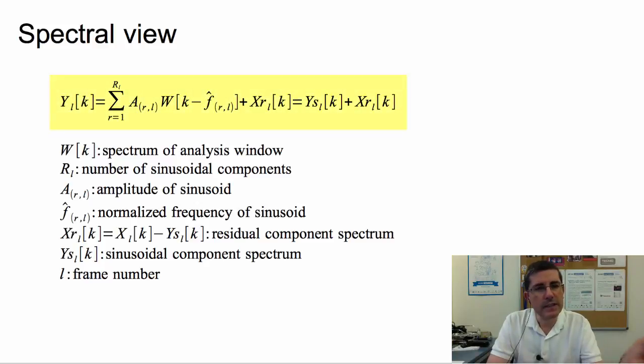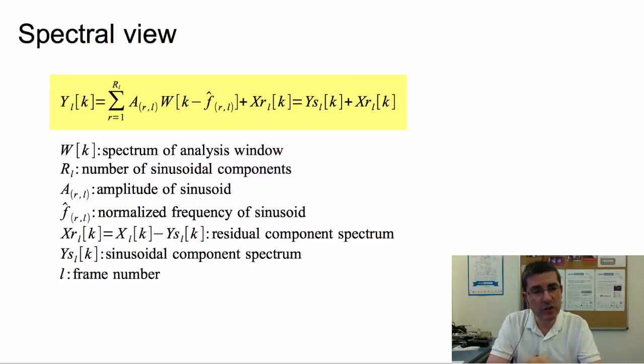So here we see the sum of the sinusoids as the sum of the transform of the windows shifted to a frequency and scaled to the amplitudes of these sinusoids, plus the spectrum of this residual component. And the spectrum of this residual component, and now this is how we're going to do it, is obtained by subtracting the spectrum of the sinusoids from the spectrum of the original signal.